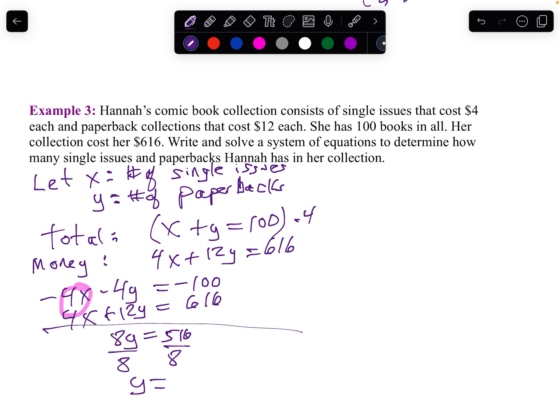And there's no way I should be getting a decimal here. So let me go back here and see if I can find my mistake. Negative 4x minus 4y equals negative 400. There's my mistake. Sorry about that.